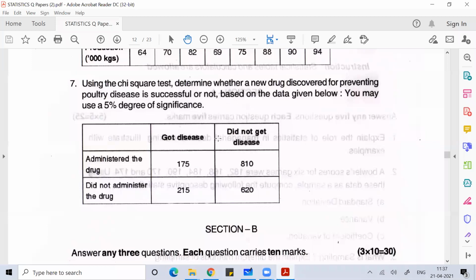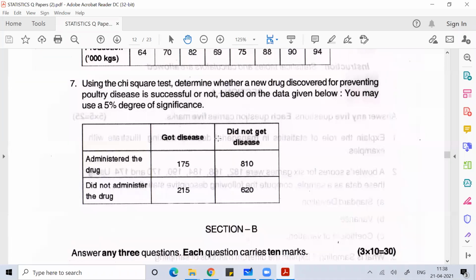So in the null hypothesis, I'll write that administering the drug and getting disease are independent of each other.